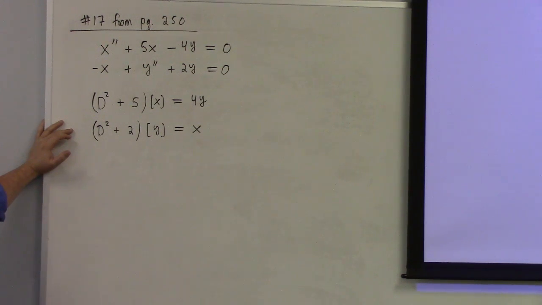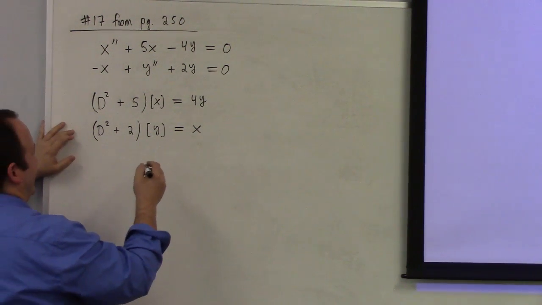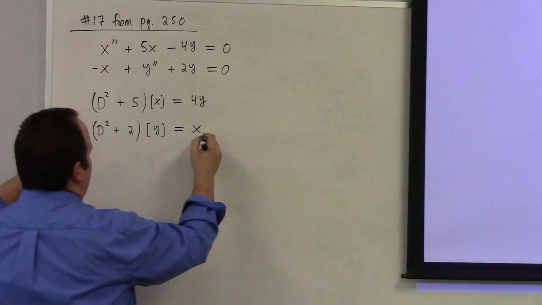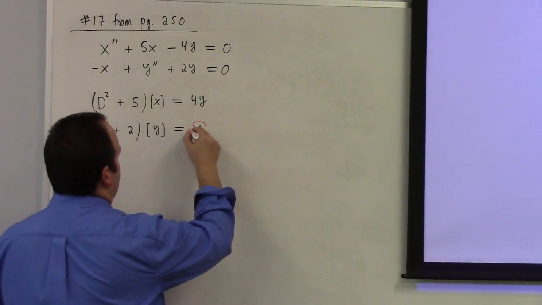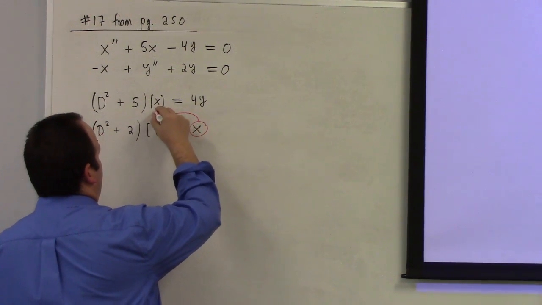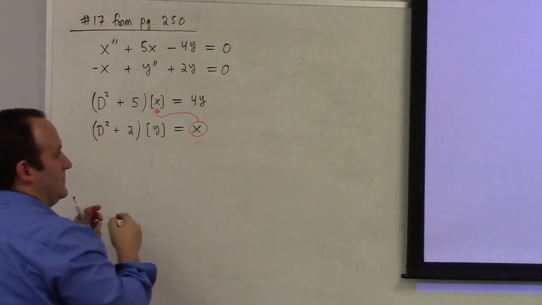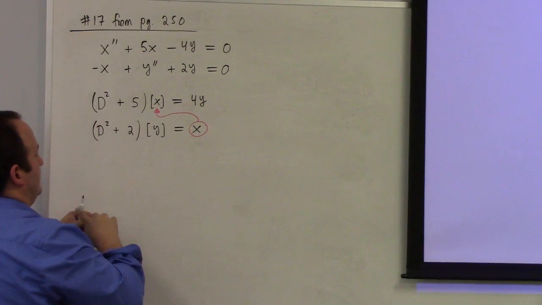So what do we do? I mean, you got choices. You want to get rid of x or you want to get rid of y? Get rid of y. All right, chose the hard one. Get rid of x. Thank you. So if we take this and plug it in up there, what do we get?